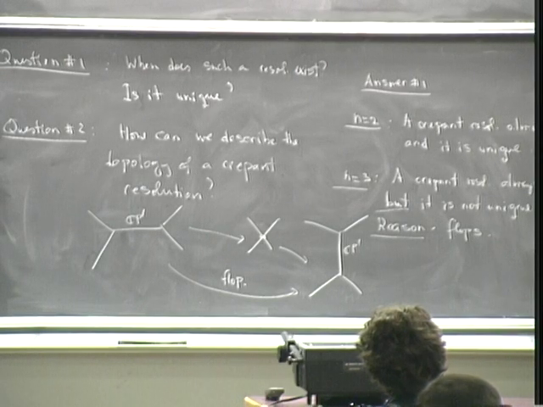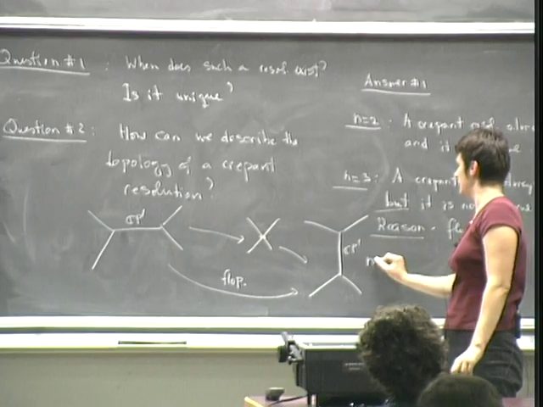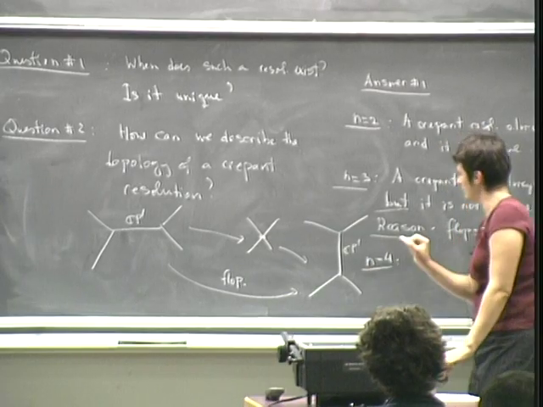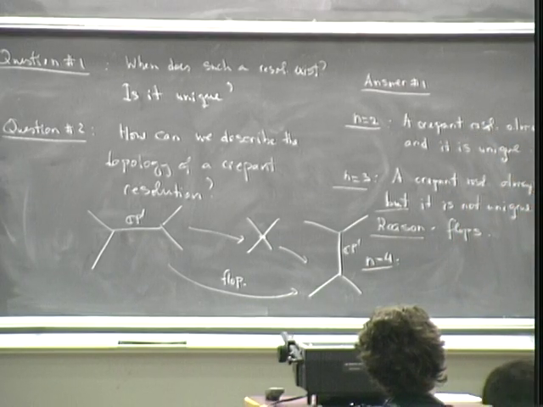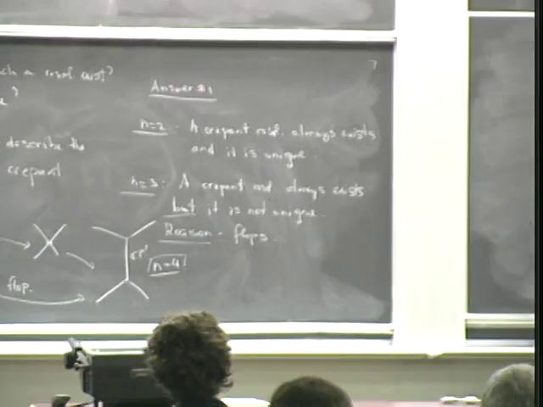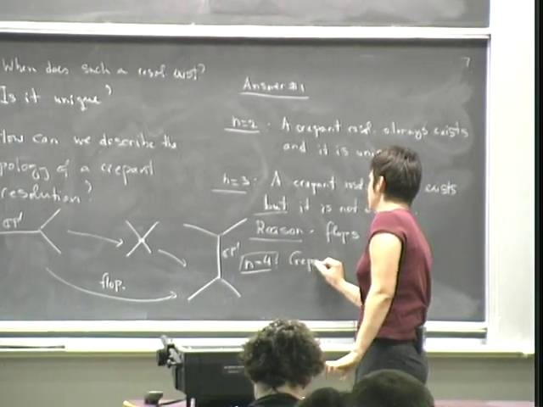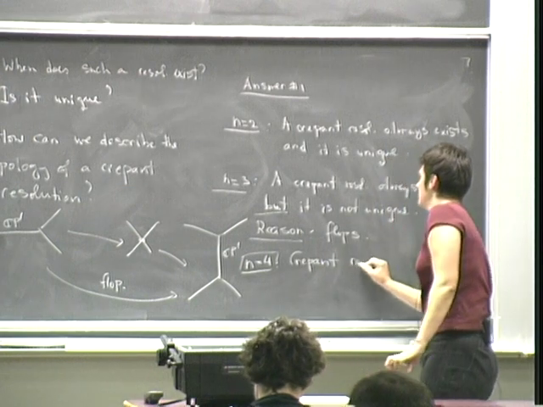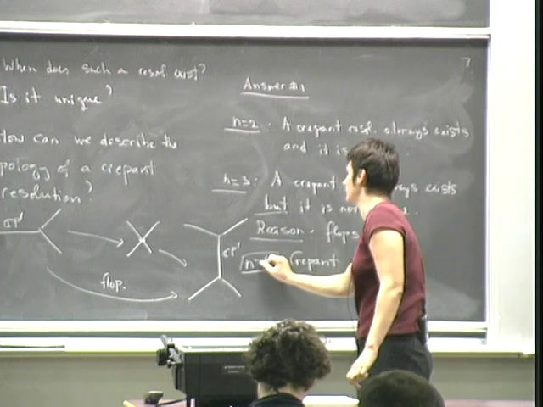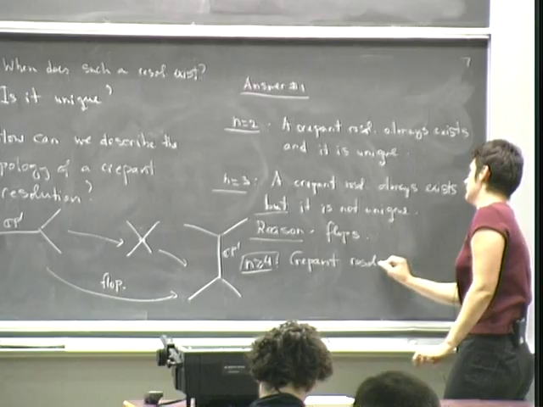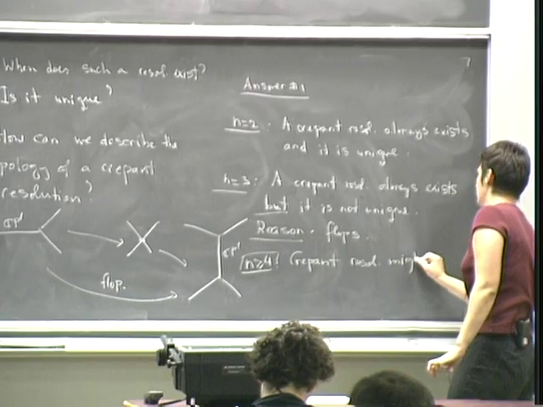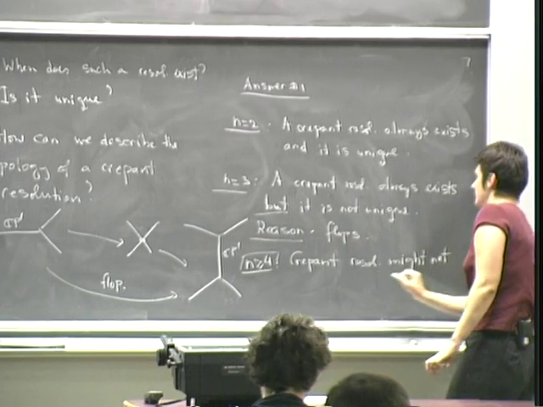And then for the case n greater than or equal to 4, actually, in this case, crepant resolutions do not exist most of the time. So crepant resolutions in dimension greater or equal than 4 might not exist.